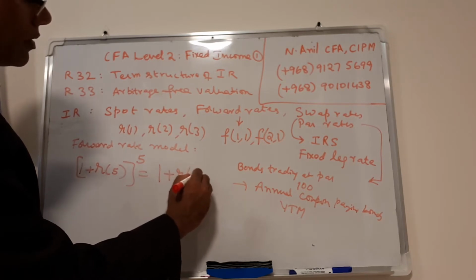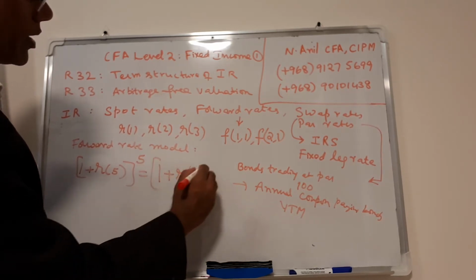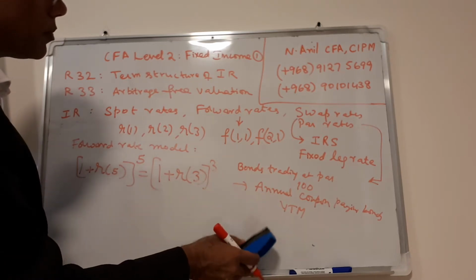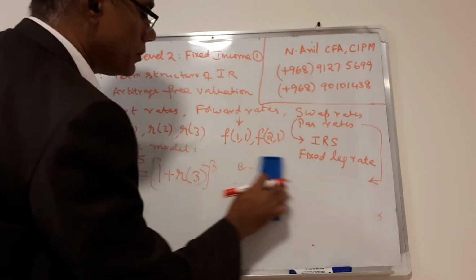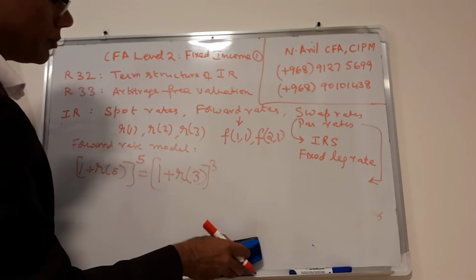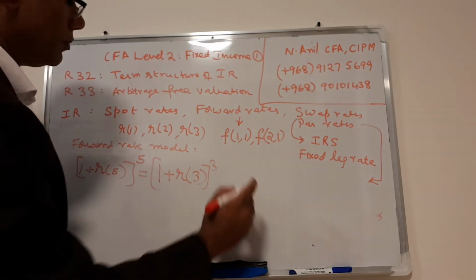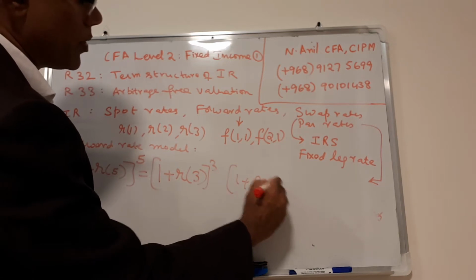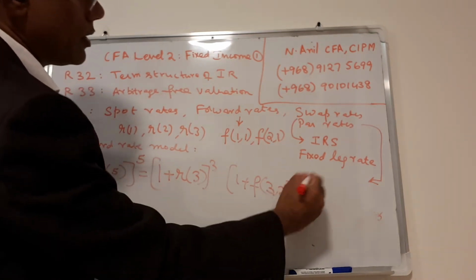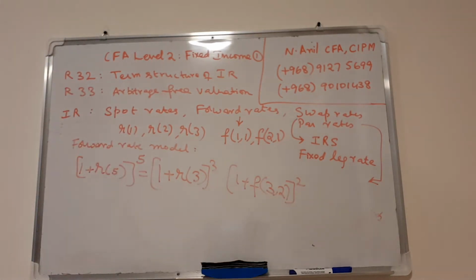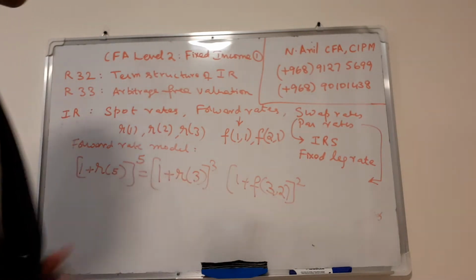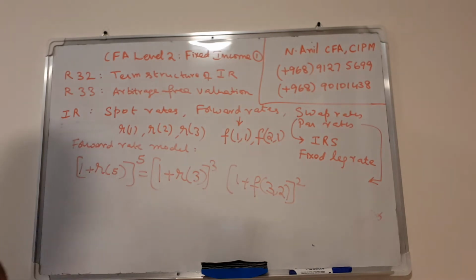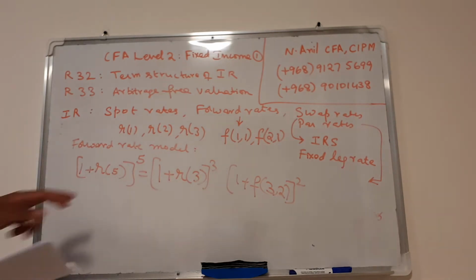You know the term 3 rate. So because it is 3 years, (1 + R3) to the cube, times (1 + f), starting in 3 years for a period of 2 years, squared. This is the formula where, from forward rates, we can derive any one rate if we know the other two rates. This is called the forward rate model. This is very important.